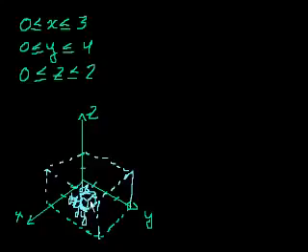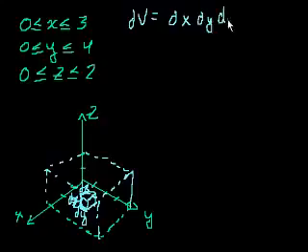So you could say that a small volume within this larger volume, you could call that dv, the volume differential. And that would be equal to the width times the length times the height: dx times dy times dz. And you could switch the orders of these, because multiplication is associative and order doesn't matter.